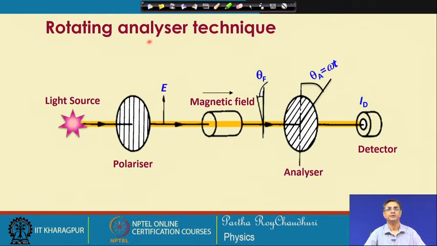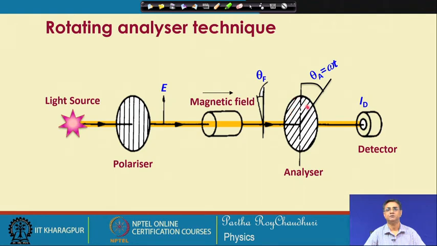In the rotating analyzer technique, the polarizer is fixed and the analyzer is varied as a function of magnetic field. This is again the parallel, Faraday configuration, in which the magnetic field is along the direction of light propagation, and as a function of the strength of the magnetic field, rotation occurs.